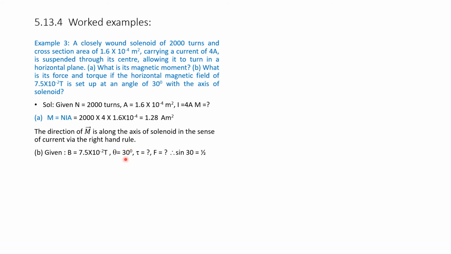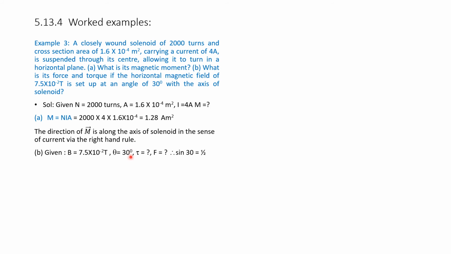Given B is equal to 7.5 into 10 to the power of minus 2 Tesla. Part B says: what is its force and torque if a horizontal field of 7.5 into 10 to the power of minus 2 Tesla is set up at an angle of 30 degrees with the axis.